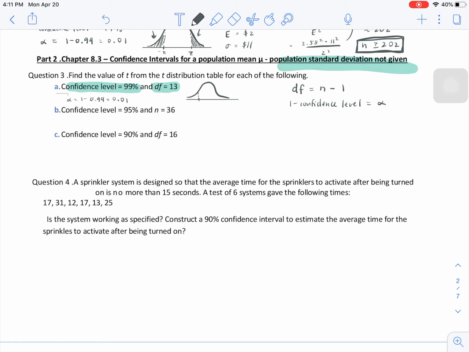So I know that in both tails, there's 1% of the data total. So I know that in one of the tails, there's half of 0.01, which is 0.005. So let's find the t value, the t statistic, corresponding to an area to the right of 0.005 and degrees of freedom equal to 13.